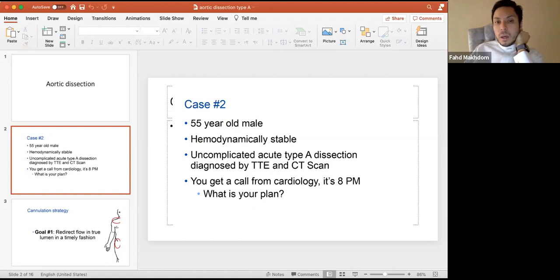So you want to wait, control blood pressure, admit to the ICU, and obviously keep him intubated. In this case, the patient was intubated. And how long do you wait?